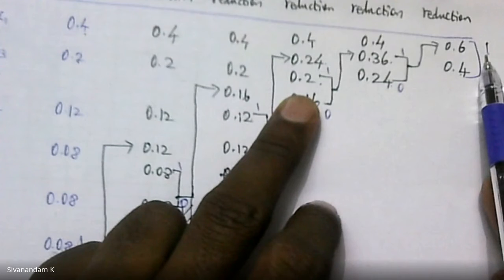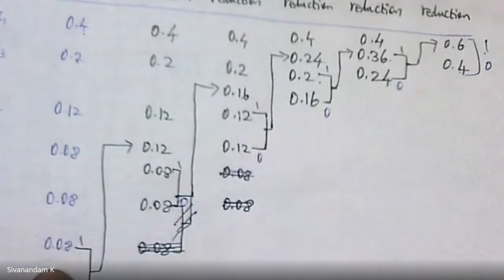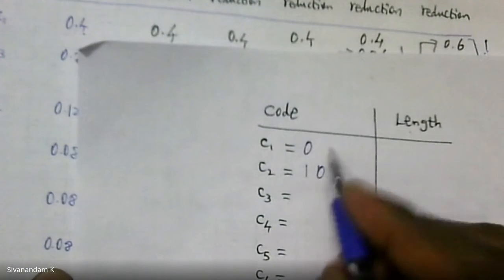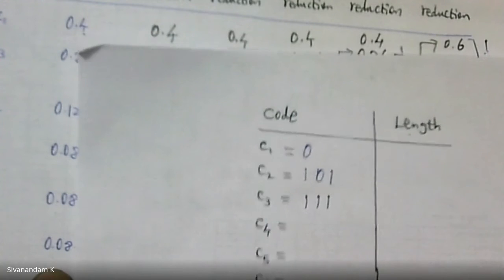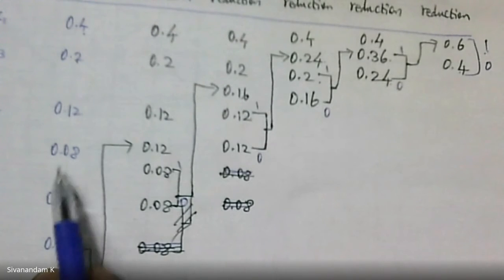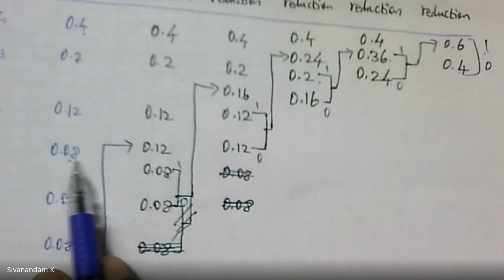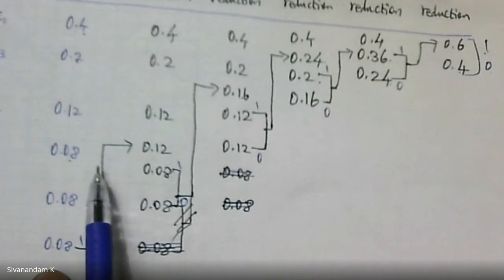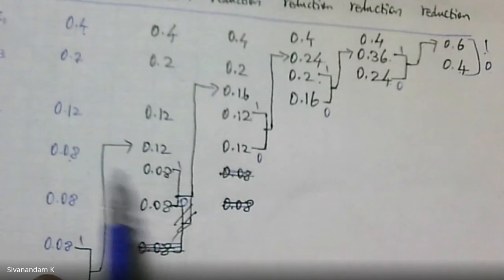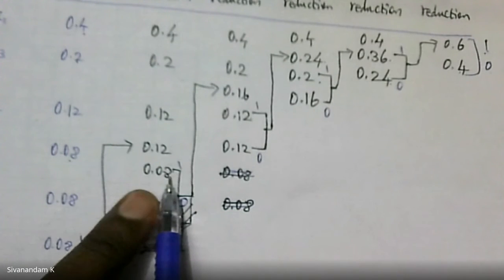So the coding is 1, 1, 1. So third message coding is 1, 1, 1. Then fourth message 0.08, value 1.